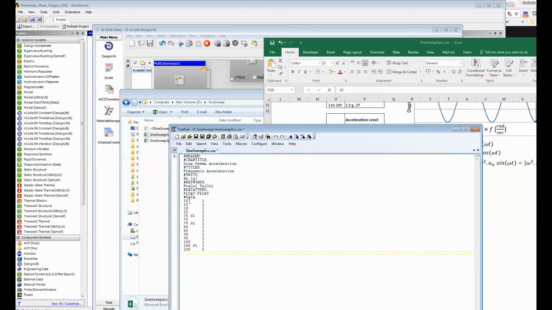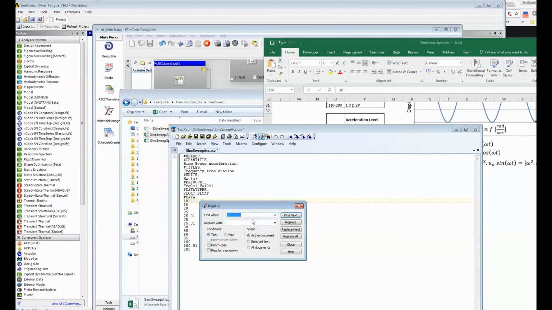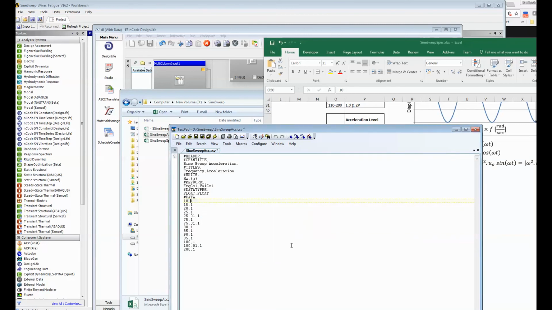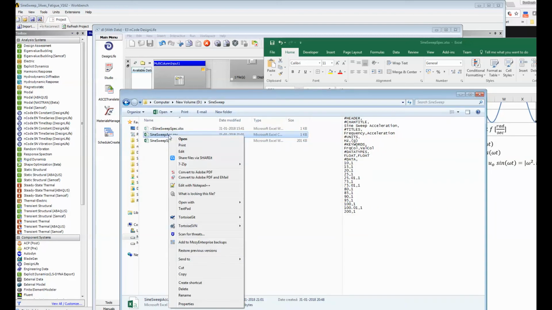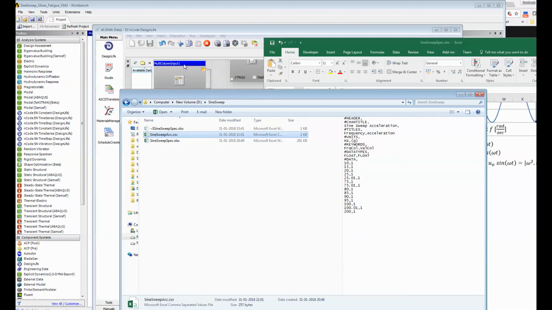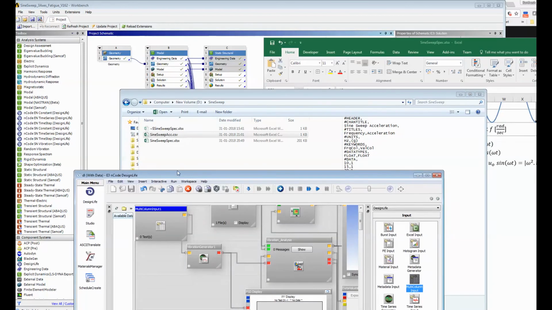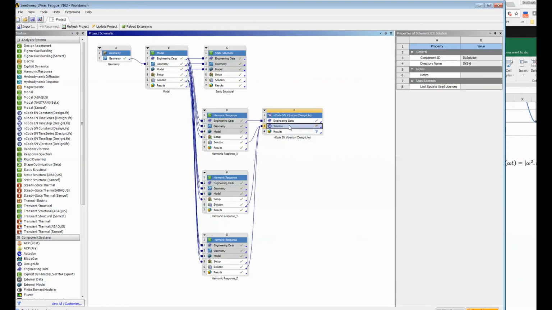Just copy paste it here. It needs to be comma separated, so just replace these white spaces by commas, replace all. Now this data is available here, in the sine sweep file, and copy this data. By default, when we drag and drop nCode, it's going to generate an additional folder automatically inside Ansys.